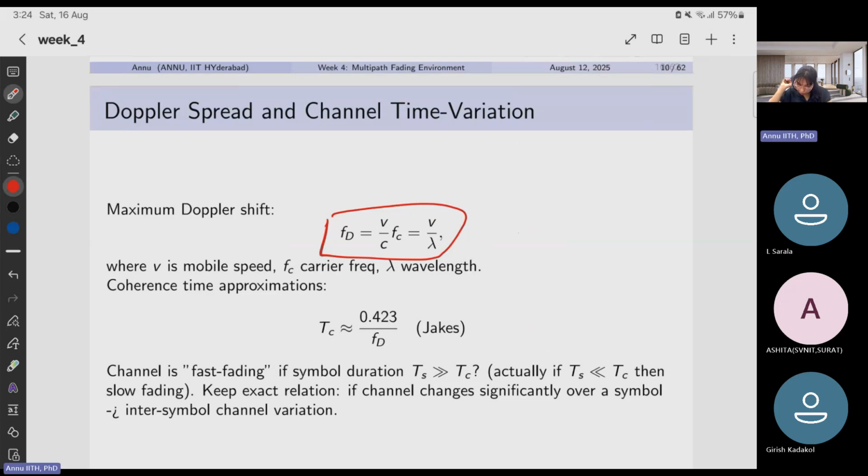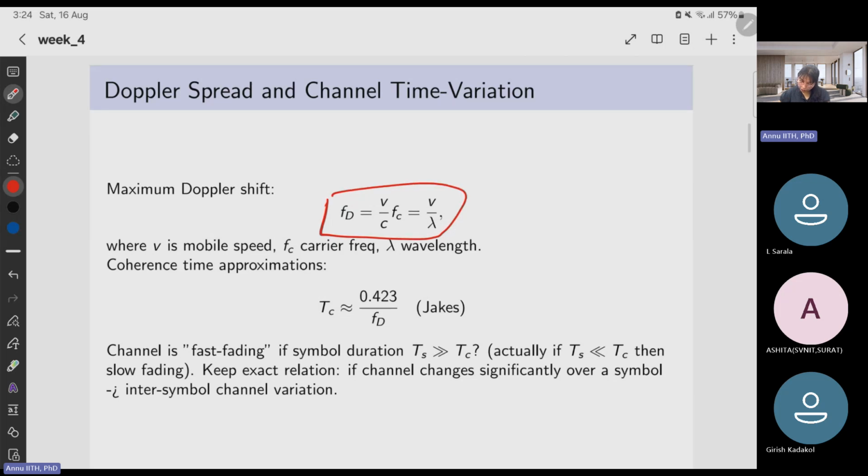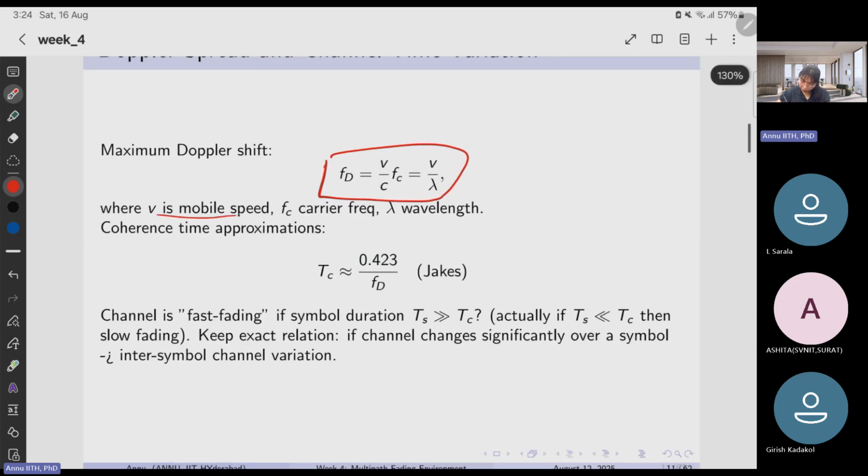The maximum Doppler shift is the relative velocity of the user divided by c, times f_c, which is equal to v by lambda, where v is the mobile speed, f_c is the carrier frequency, and lambda is the wavelength.